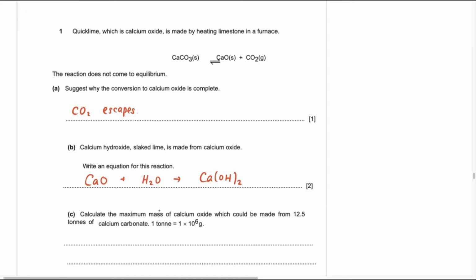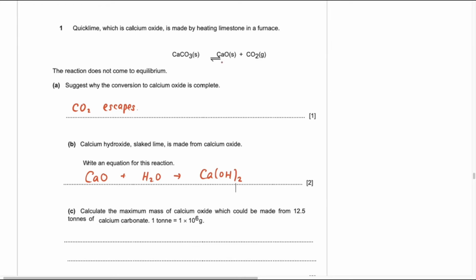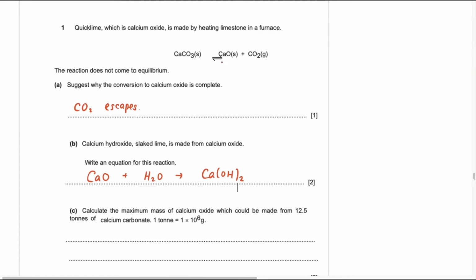Now C, calculate the maximum mass of calcium oxide which could be made from 12.5 tons of calcium carbonate. 1 ton is equal to 1 times 10 to the power of 6 gram. So you want to find the mass of calcium oxide, so we have to make use of the equation given there.